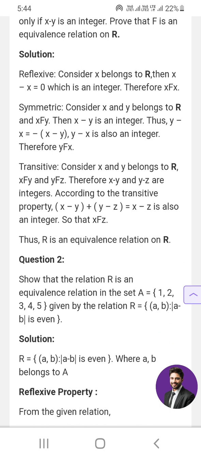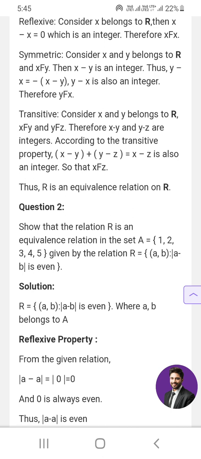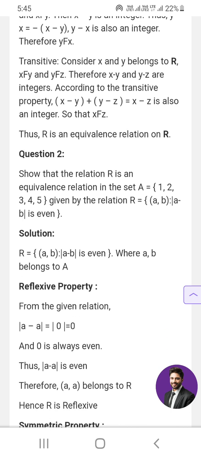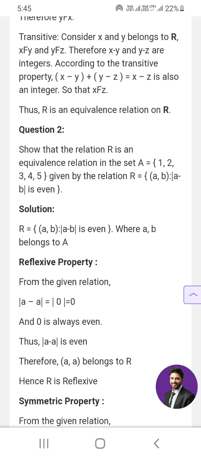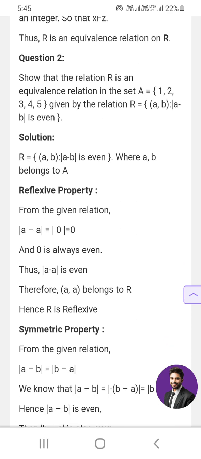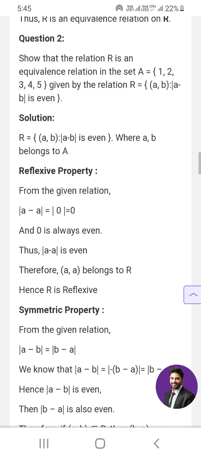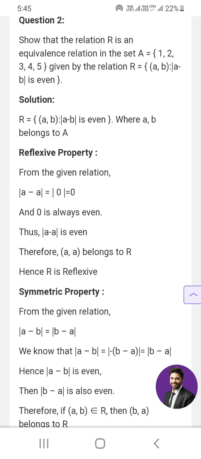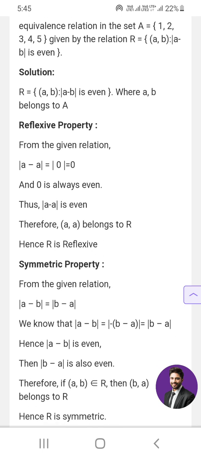So x F z, thus capital R, which has been shown reflexive, symmetric and transitive, is an equivalence relation on R. Next, showing that the relation R is an equivalence relation on the set A = {1, 2, 3, 4, 5}, given by R = {(a, b) : a minus b is even}, where a and b belong to capital A. For the reflexive property from the given relation, a minus a equals 0, and 0 is always even, not odd.